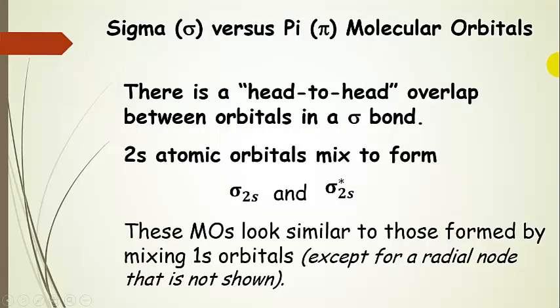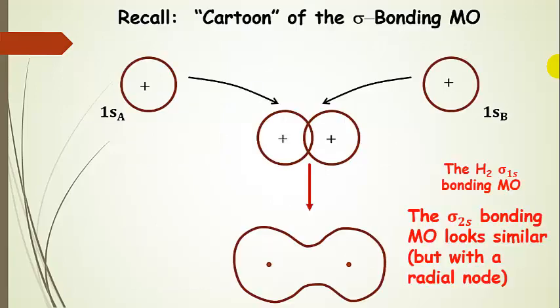Okay, so just a little reminder, sigma is a head-to-head overlap between orbitals in a sigma bond. And so 2s atomic orbitals are going to mix to form the sigma 2s bonding MO and the sigma star antibonding MO. And now these MOs look really similar to those formed by mixing 1s orbitals, except for the radial node, which is not going to be shown. So what I'm actually going to do is just remind you of this mixing on hydrogen.